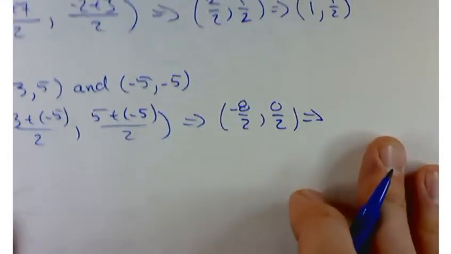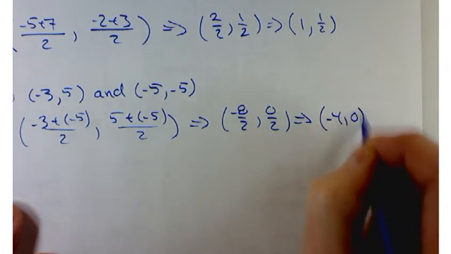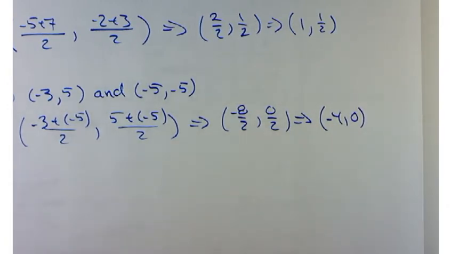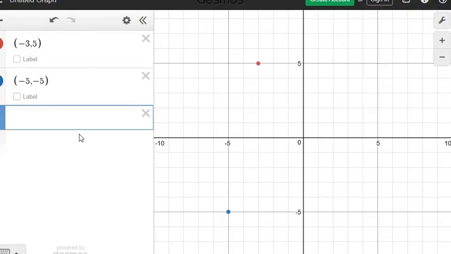I hope both of those get simplified on your paper. -4 and 0. Let's see if that makes sense relative to our graph. Right there. So let's check out -4, 0. And does that look like it's midway between the other two? Yeah, it looks pretty reasonable. I'd say so.